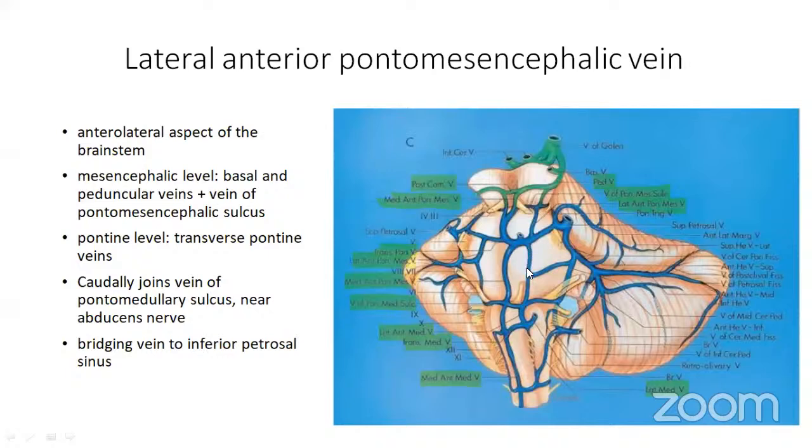At the pontine level, it is joined by the transverse pontine veins. Caudally, it joins the vein of the pontomedullary sulcus near the abducens nerve. It may have bridging veins to the inferior petrosal sinus.